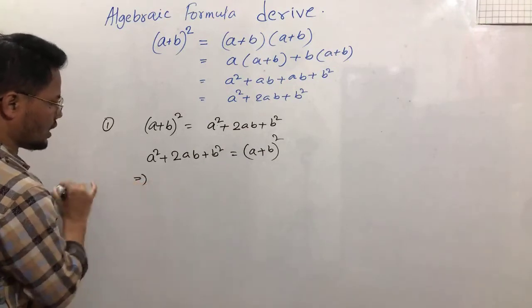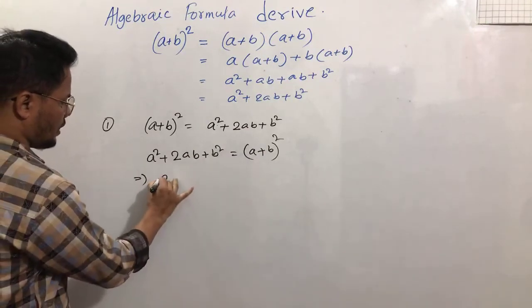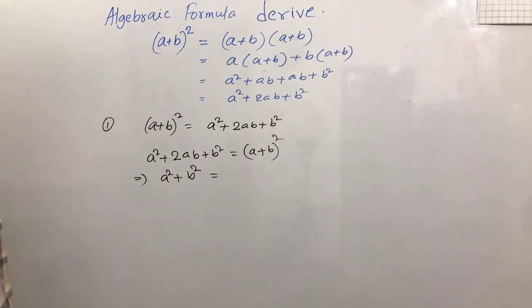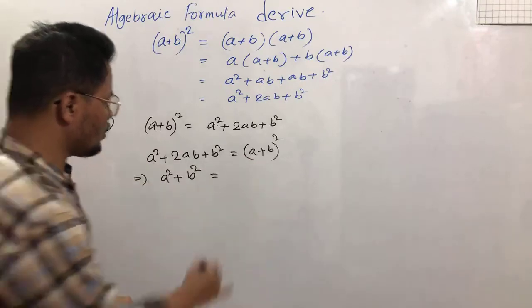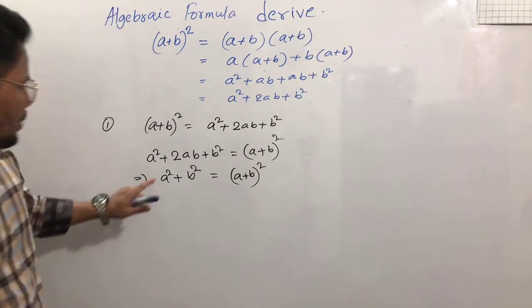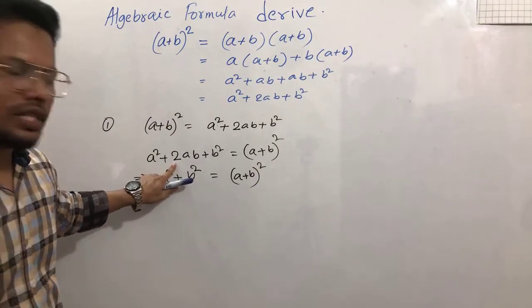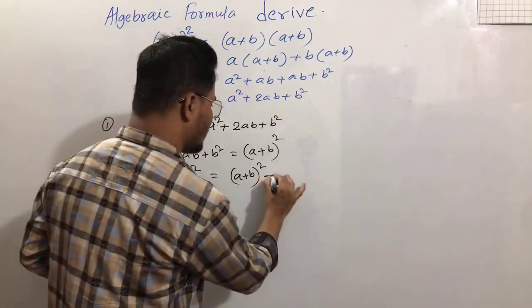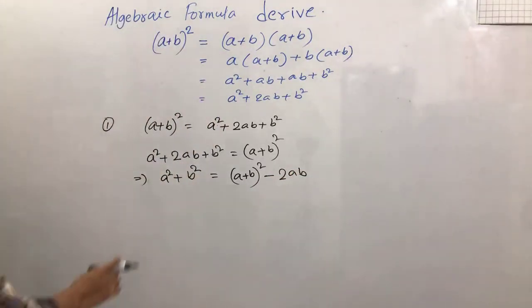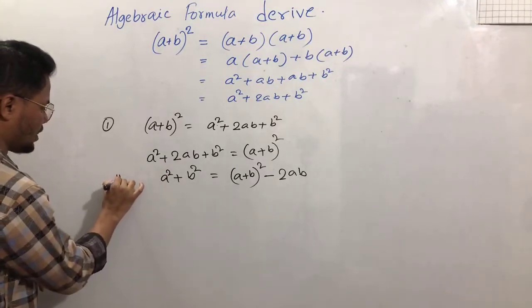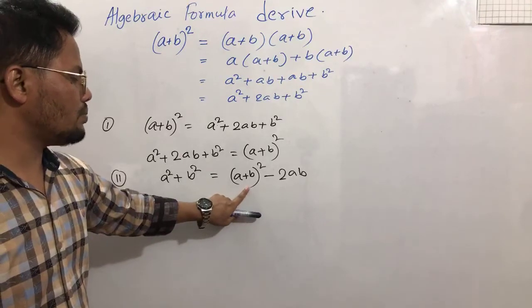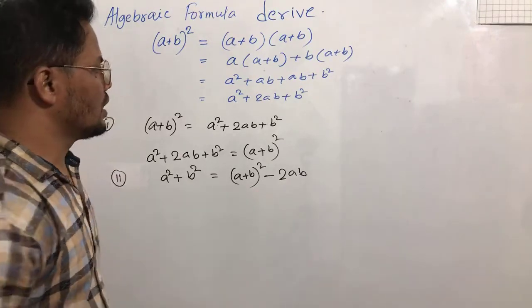Now if you change it like a square plus b square, a plus b whole square is on the right side, but if you move minus twice ab from the left side to the right side, it becomes minus twice ab. So this is another formula: a square plus b square equals a plus b whole square minus twice ab.